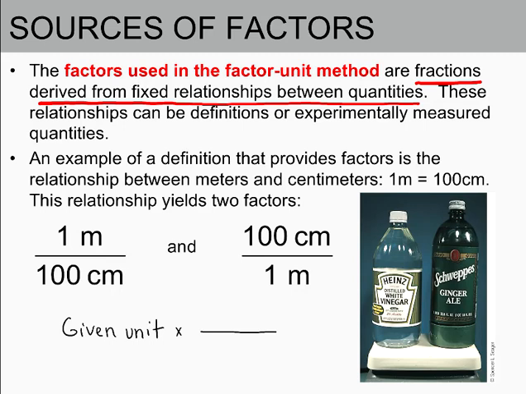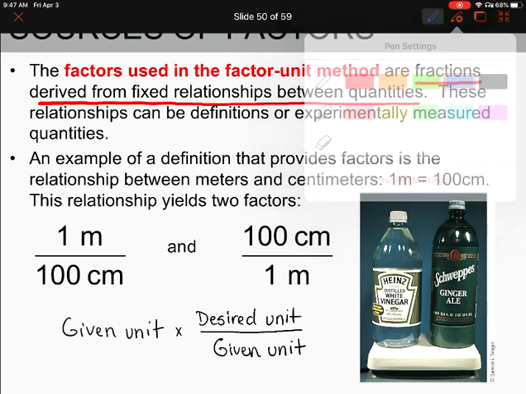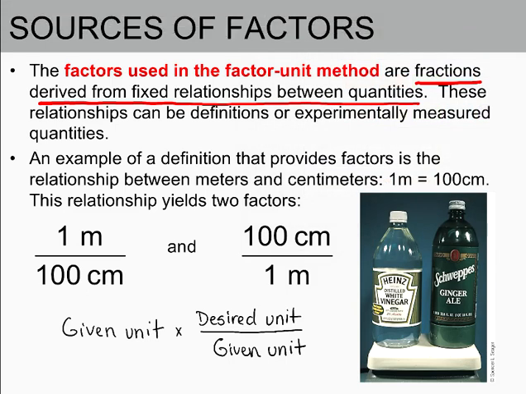And in this factor, we're going to put the desired unit in the numerator, and then we're going to put the given unit, or the same unit that we had in the beginning, on the denominator. And then when we multiply the units, we'll see that the given unit cancels because we have the given unit technically in the numerator and in the denominator. And then what we're left with is the desired unit.